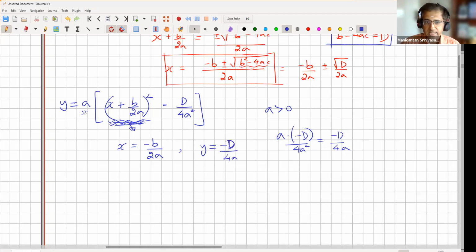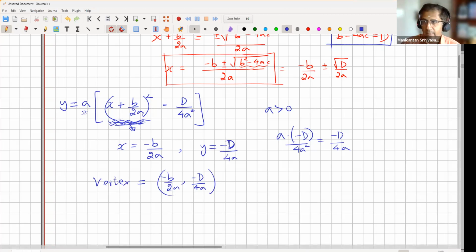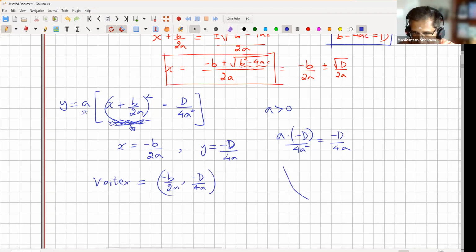So this combination of minus b by 2a and minus d by 4a determines the coordinates of the vertex. When you have a parabola like this, this is the vertex. The coordinates of the vertex are minus b by 2a, comma, minus d by 4a.